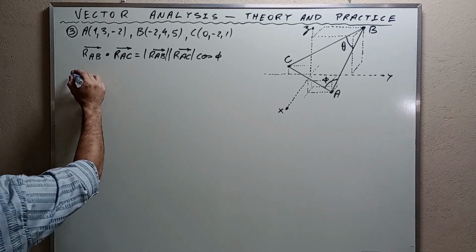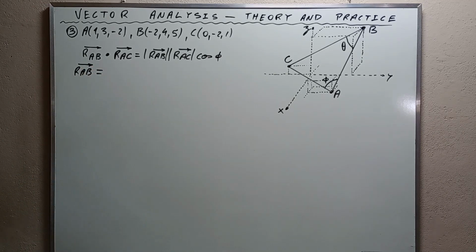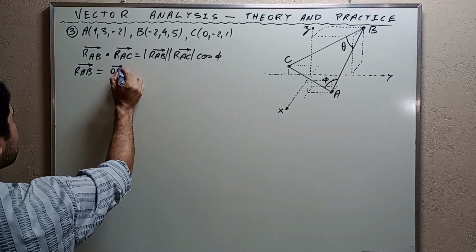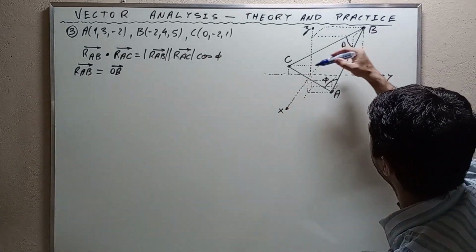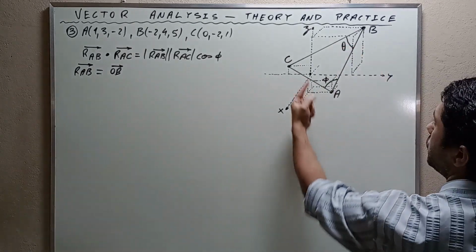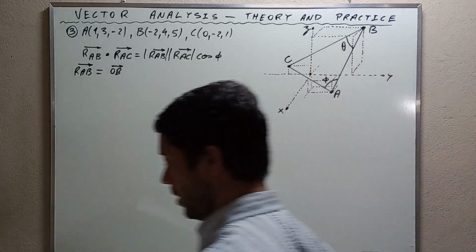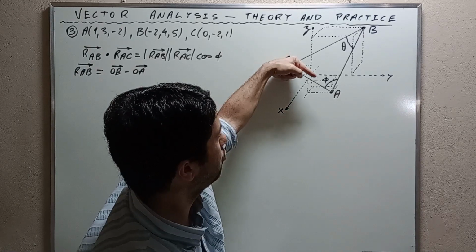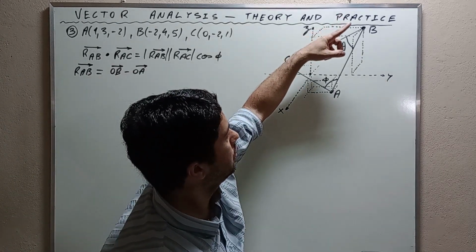RAB can be understood as the subtraction of the vector OB from the origin, this is the origin, from the origin to B, there will be a vector minus vector OA from the origin to A. Vector OB positions the point there.